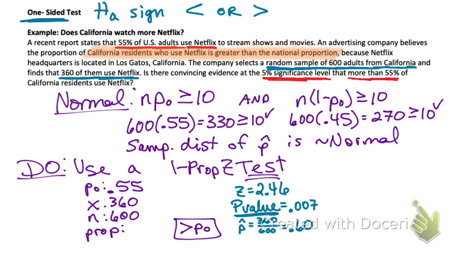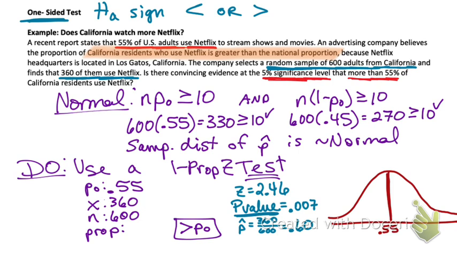0.6. Okay, now, here's what I want you guys to do. Go back to Stat Test 5. Don't change anything, but this time please select draw. I want to explain to you what you're seeing here. The mean of this distribution is supposed to be 0.55.